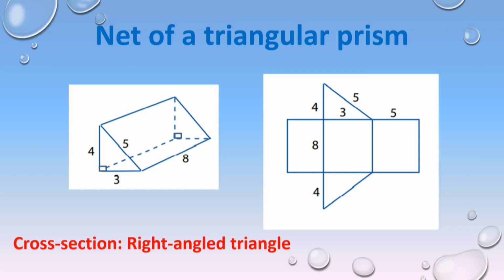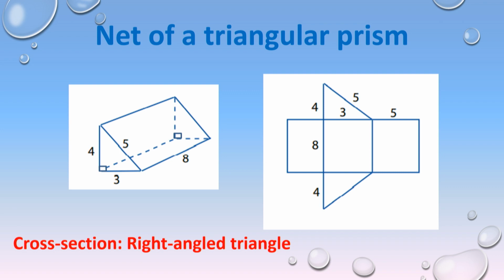So let us have a look at this picture. We have a triangular prism here and we have the net on the right. The cross section of this prism will be a right-angled triangle. And you can see that this prism, which is found on the left, has its net on the right.